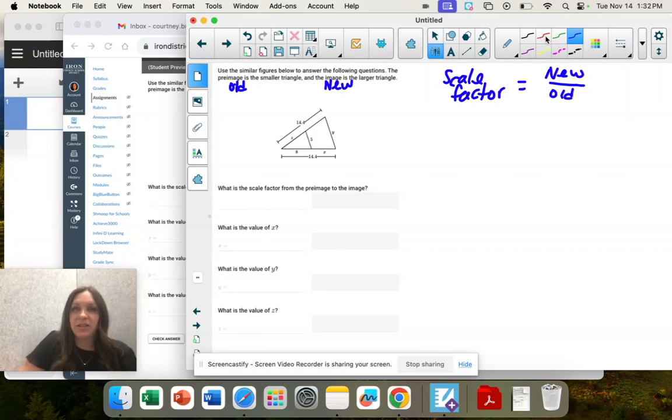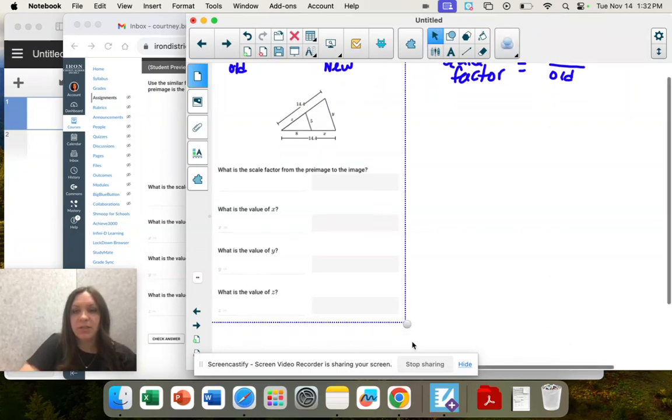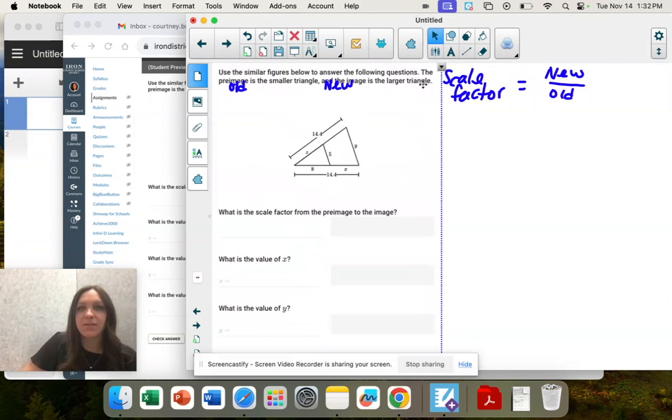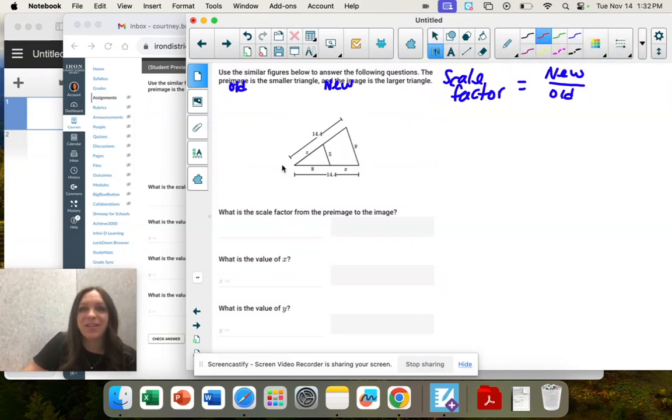So let's see what they're talking about here. We're looking at two triangles, a small triangle and a big triangle. I'm going to make this bigger because I'm old and can't see that. So we have the big triangle, which I'm going to redraw there.